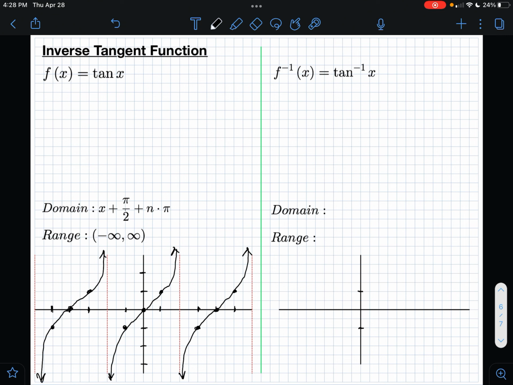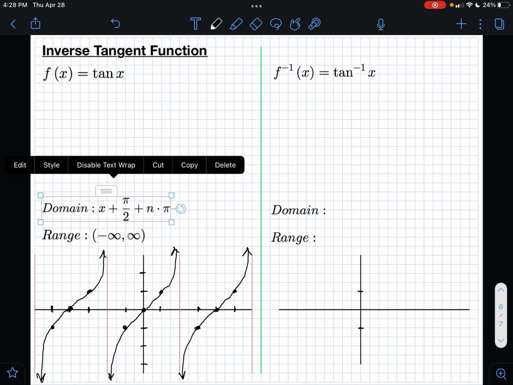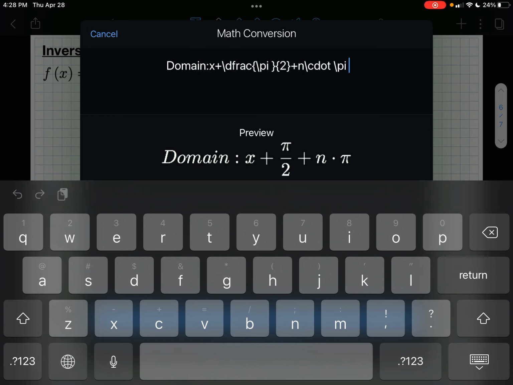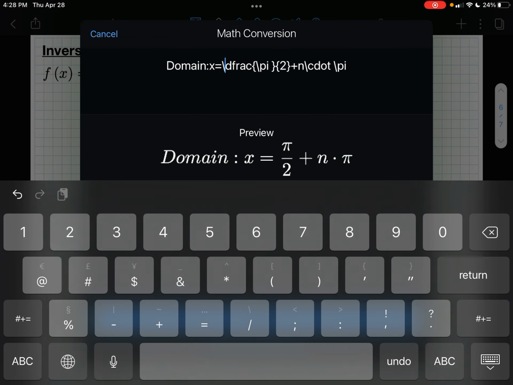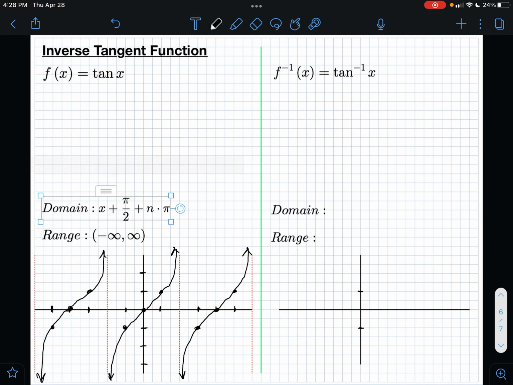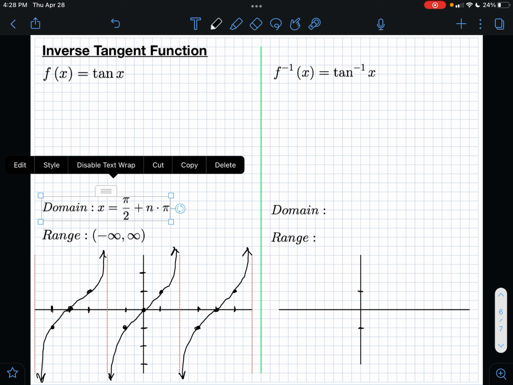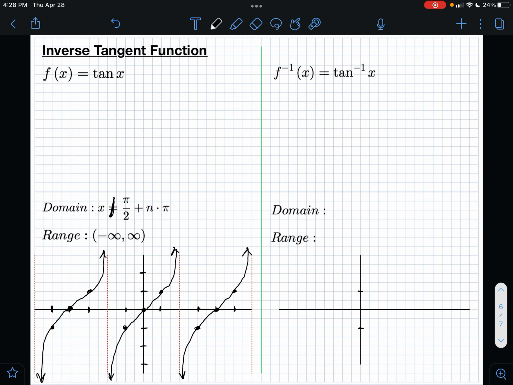The domain of the tangent function, which, by the way, should have a not-equal sign here, there we go. x cannot be pi over 2, or any angle that is an integer multiple of pi away from it.